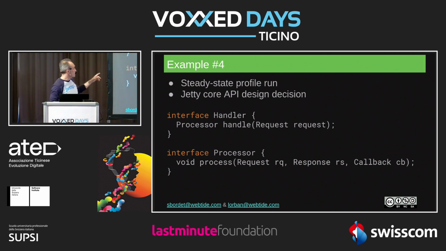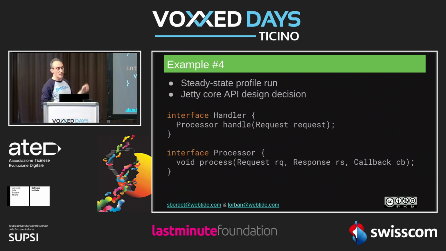So we said, okay, we give the users a request, the handler tells me whether it is able to handle that request or not. For example, is the request for that particular handler? It returns null if it is not for that handler, maybe for a different handler. Or it returns a processor if it is handling the request. And then the processor will get the request, the response, and the callback.